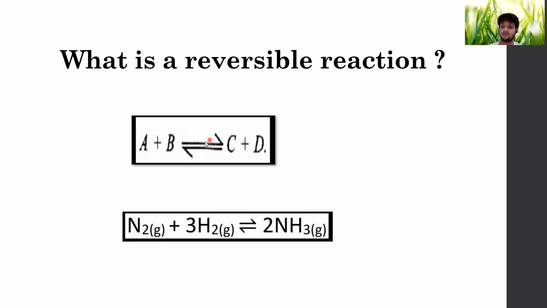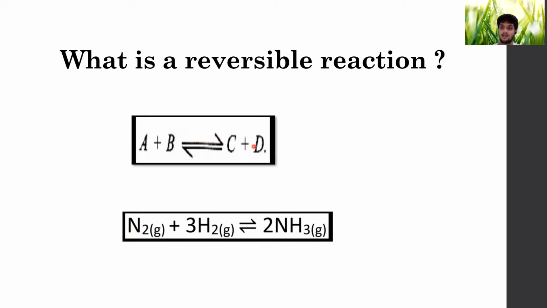But reversible reactions are able to move in the forward direction and also in the backward direction. If you move in the forward direction, A and B will be your reactants and C and D will be your products. Vice versa, if you move in the backward direction, C and D will be your reactants and A and B will be your products.